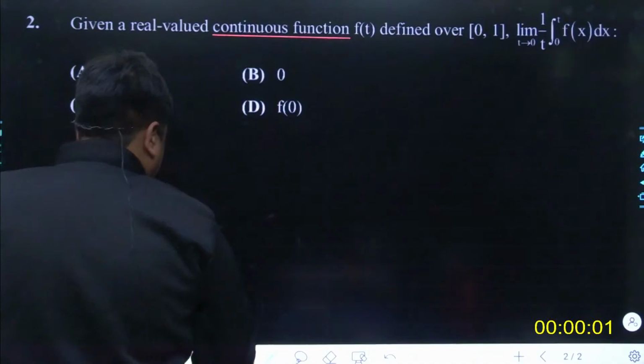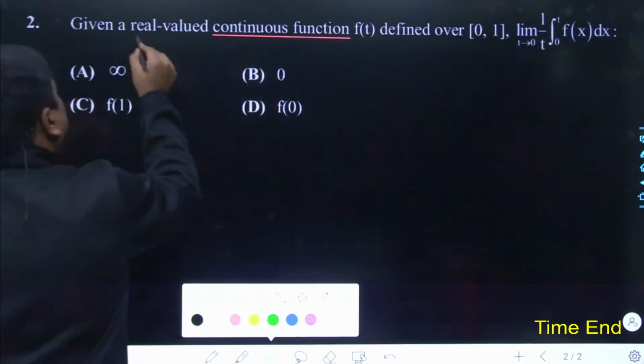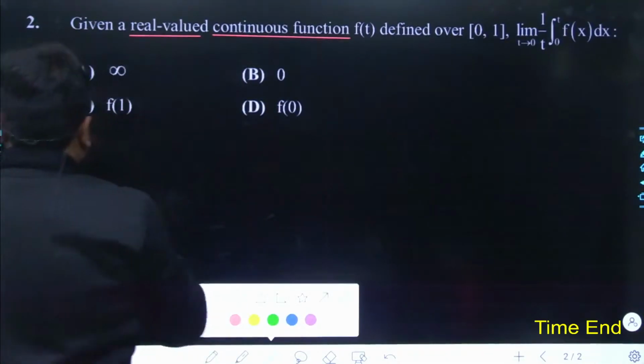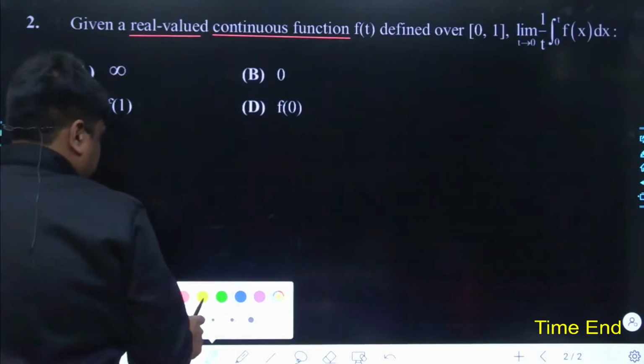And as it is real valued, what does that actually mean? For all possible values of t, f of t would lead to a real value. Let me give you an example, then you will be able to understand better.